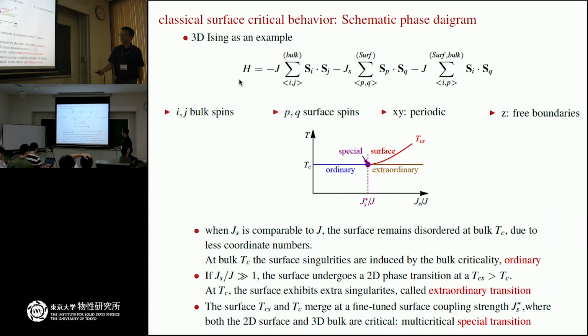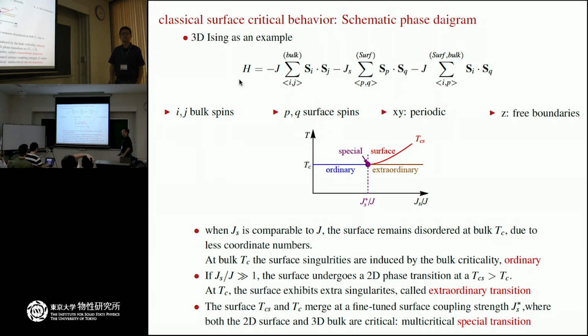So at bulk Tc, the surface singularities are induced by the bulk criticality. This situation is called the ordinary transition surface.